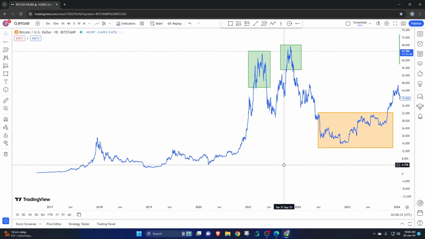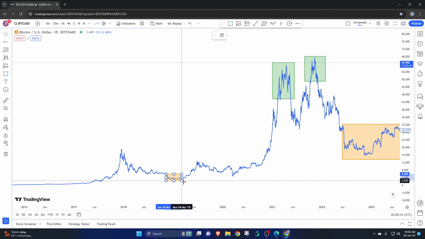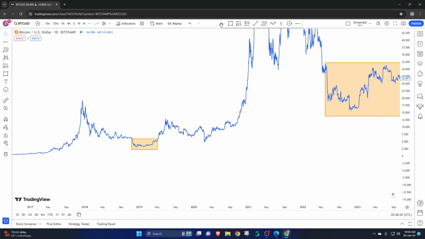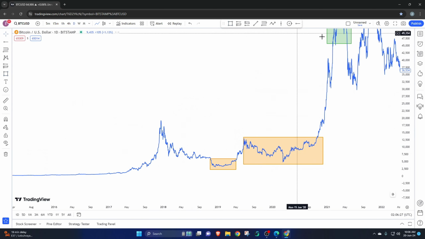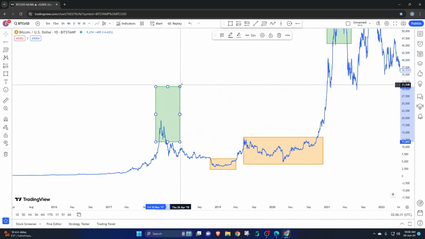So let's just use the orange color. Let's look back at previous cycles. We have accumulations at the bottoms, and we have distributions at the top.